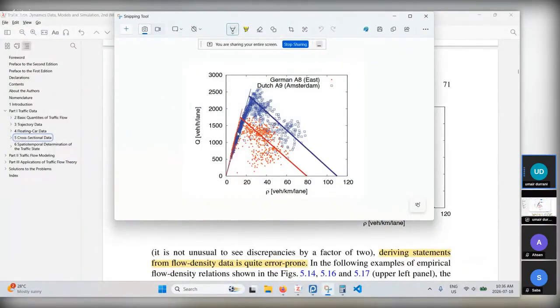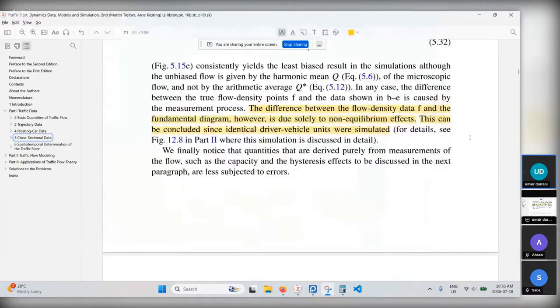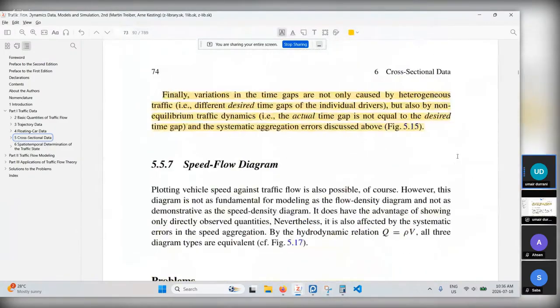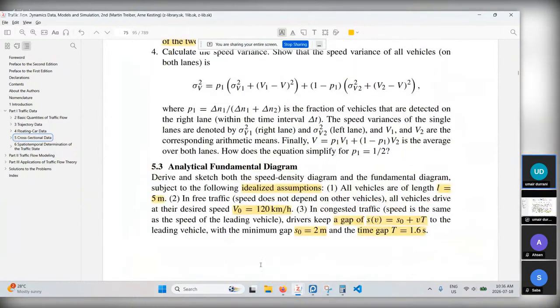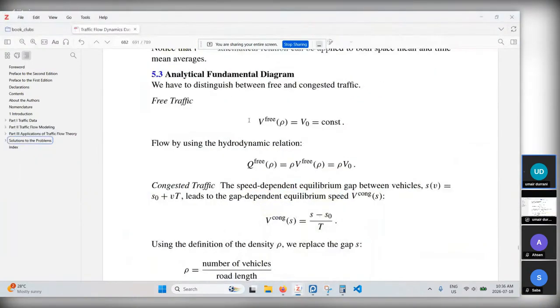So we have these two parts. We have this line that represents the free flow conditions, and this line which represents the congested conditions. So we need to sketch this. We also need to derive it given the data to us. So let's move on to the data again, and then look at the solution.